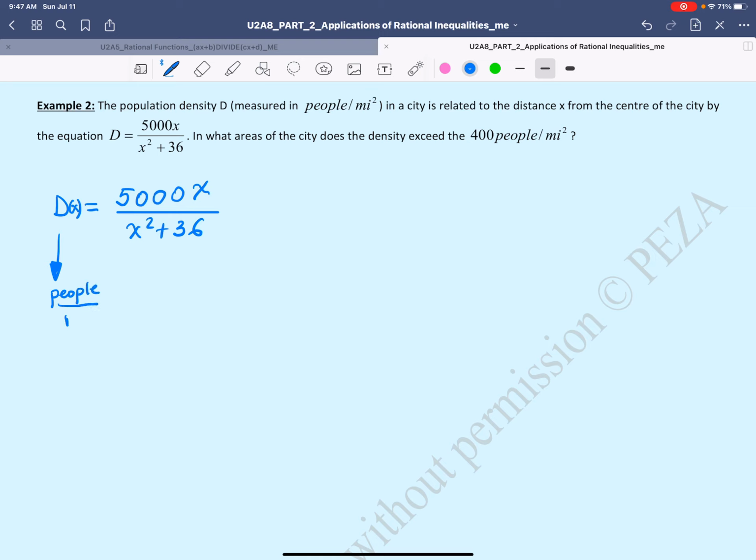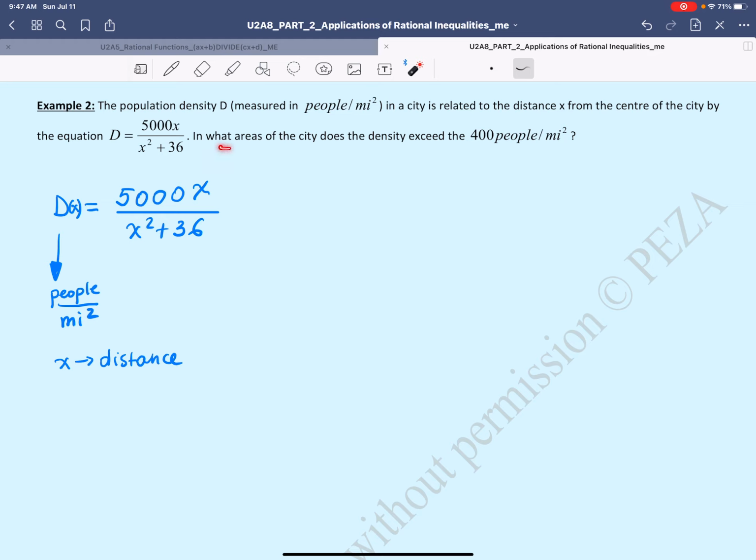I like to write the unit measurements because it actually gives me a better idea of the meaning of the variables, right? It's related to the distance x from the center of the city. So x is the distance from the city. And the equation is this rational function that we just wrote.